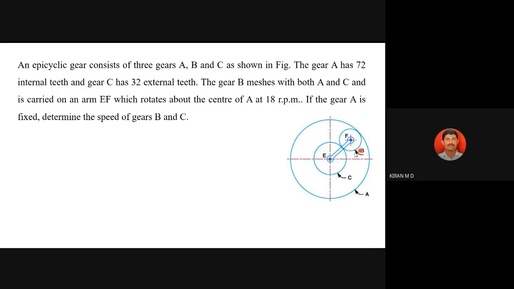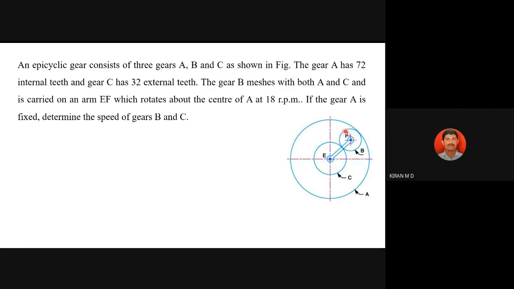Here he has not given the direction, so later we will consider the anti-clockwise direction. When gear B meshes with C and A, this arm carries both B and C. When the arm rotates at 18 RPM counterclockwise, what will happen? Gear A is fixed.